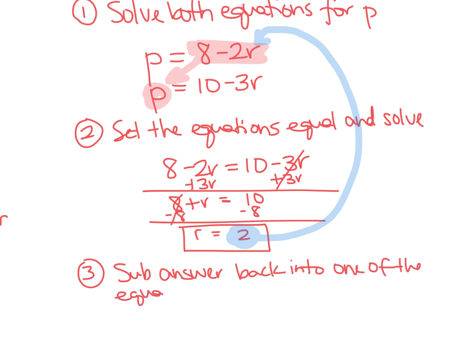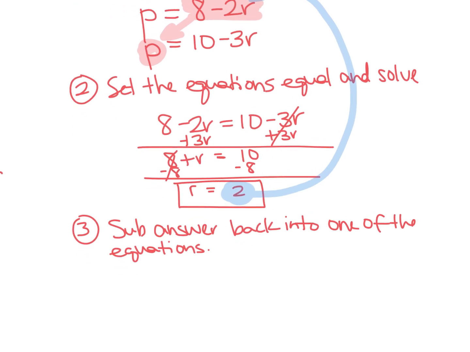And I could do either, it doesn't matter, I'm going to get the same answer. Okay, so I'm going to just use the top one. So I have p equals 8 minus 2. Instead of r, we're going to replace it with 2. So p must be 8 minus 4, which it is. P is 4, which was the answer that we got using graphing as well.